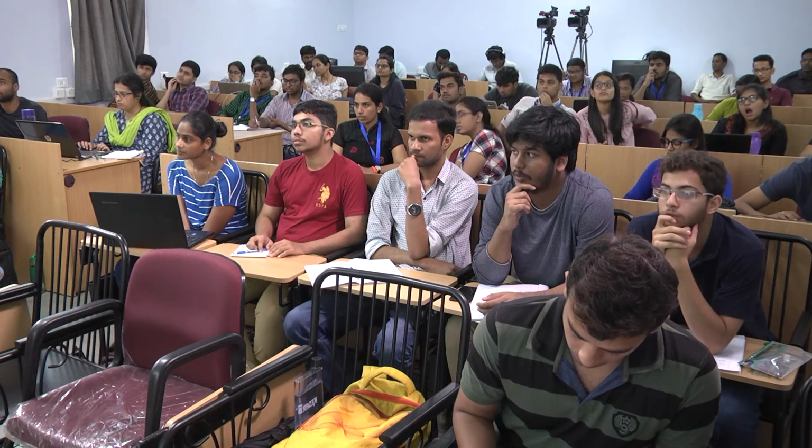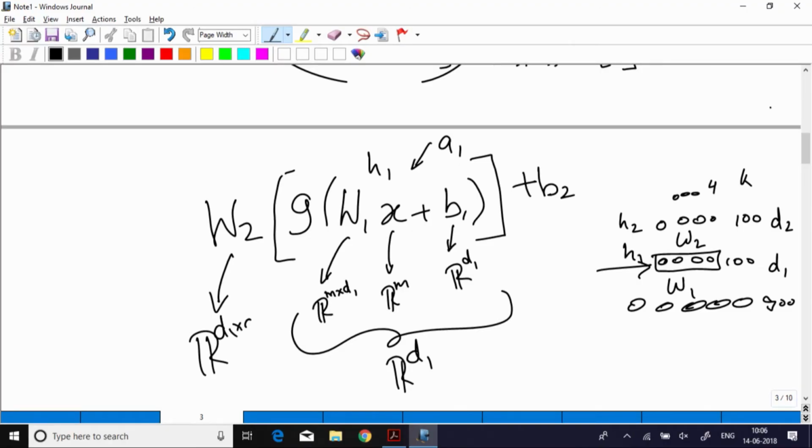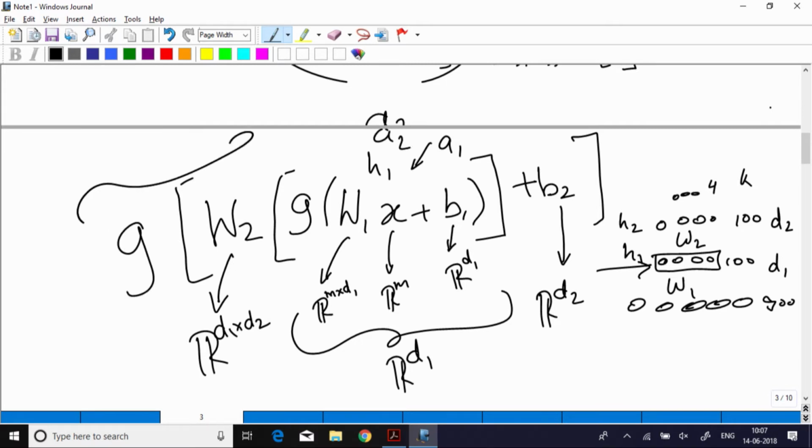D1 cross D2. What's the dimension of B2? What is this entire thing? A2. And now to make it H2, what do I have to do? G of this. So this entire thing now is H2.